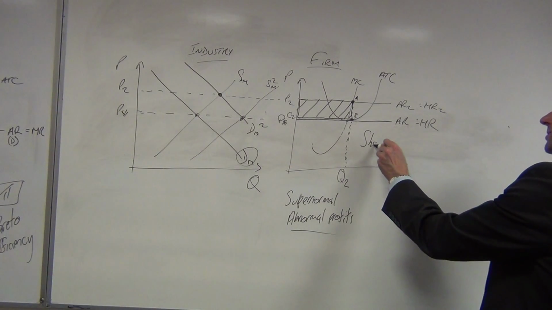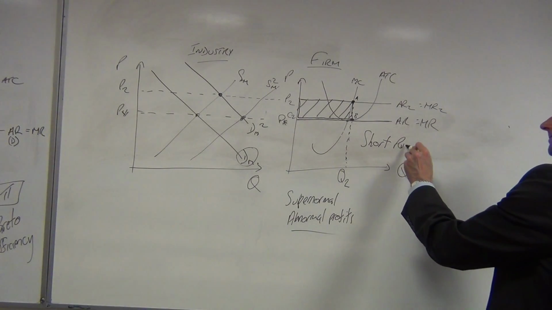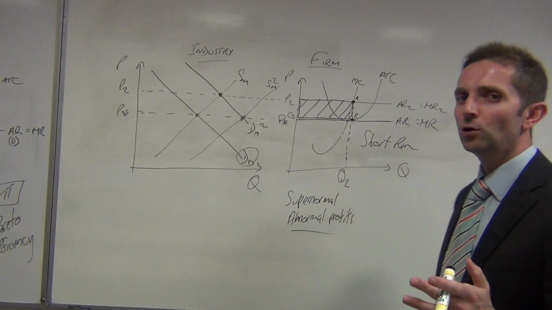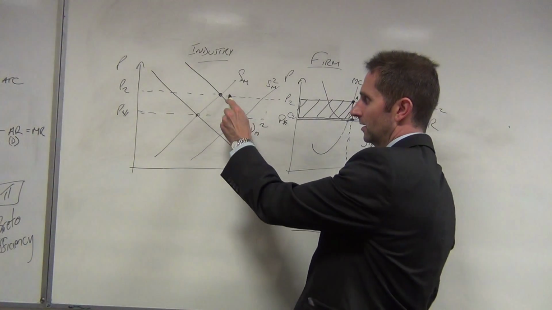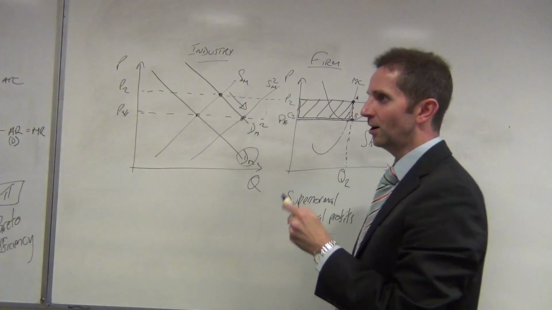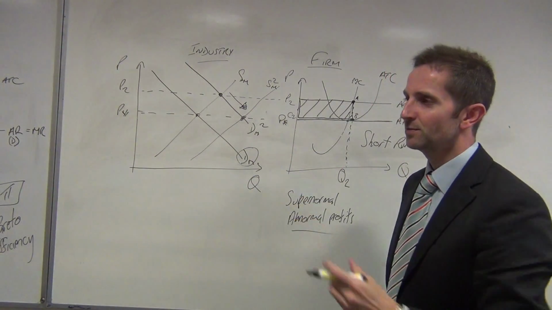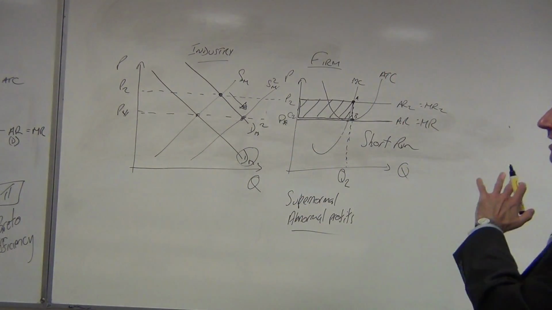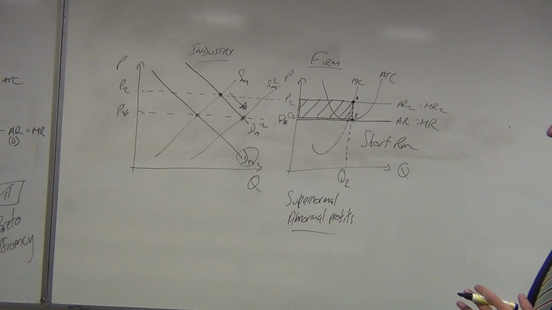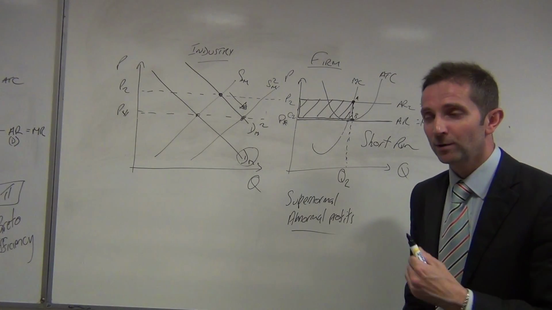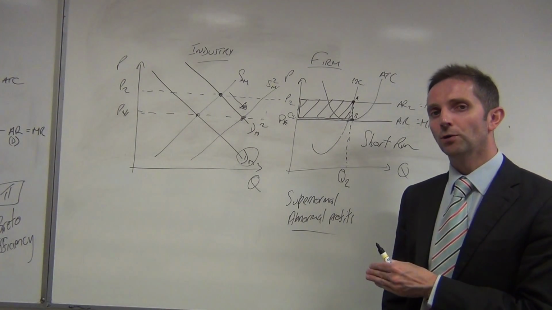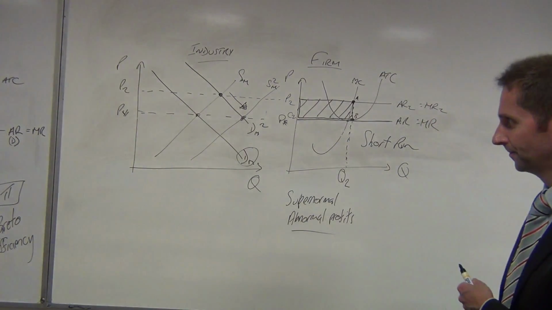So this only happens in the short run, because in the long run, outsiders will be looking in, thinking to themselves, I'll have a slice of this market, I'm going to enter the industry, and as a consequence the price would fall back to P star and we end up making long run normal profits again.